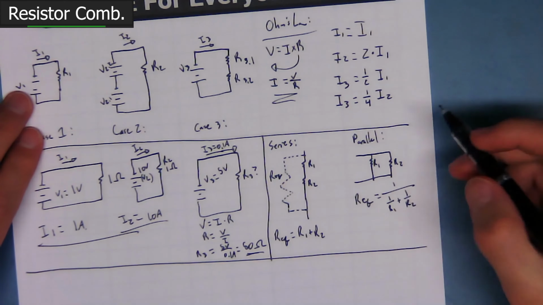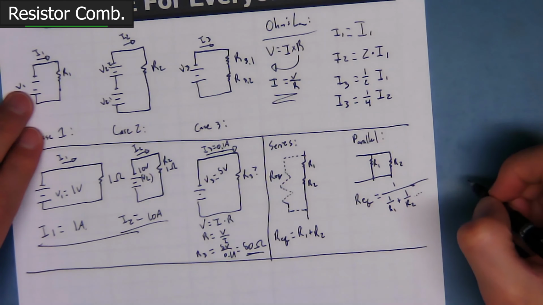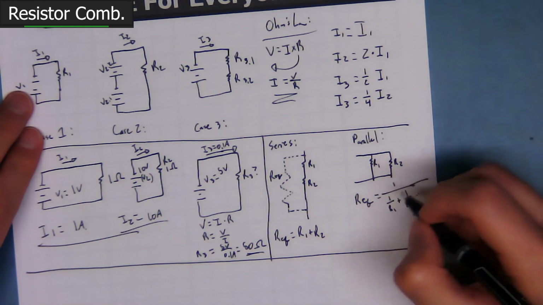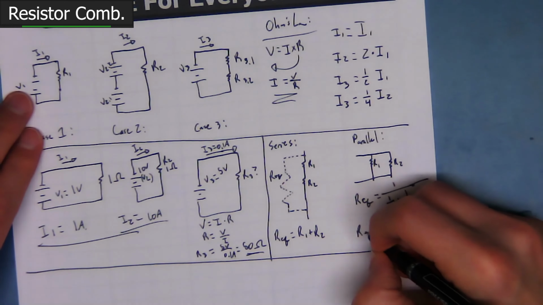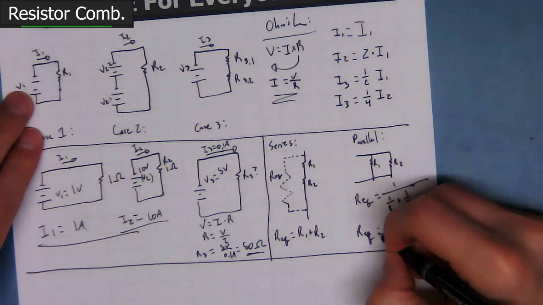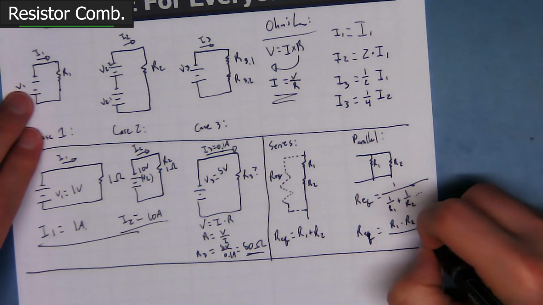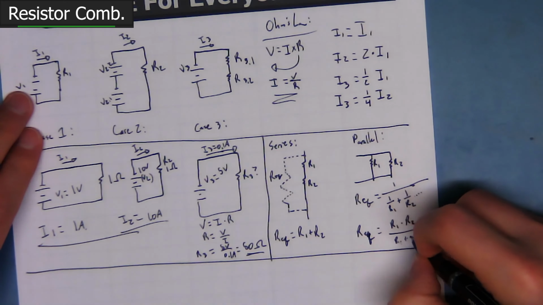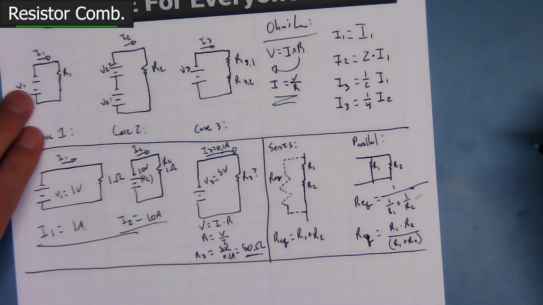Sorry, not or. This one's great because you can keep adding more resistors here if there's many in parallel. But if there's only two, and you know there's only two, you have another option. And that's Req equals R1 times R2 over R1 plus R2. And parentheses are going to be a trick if you're punching that into a calculator.